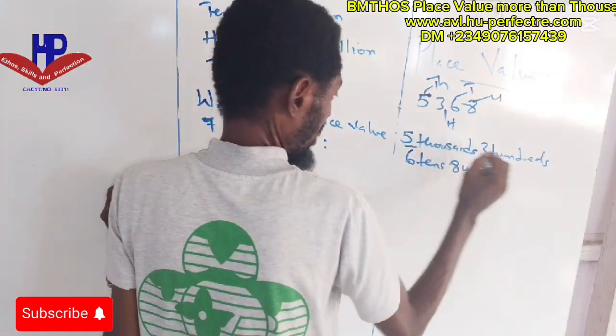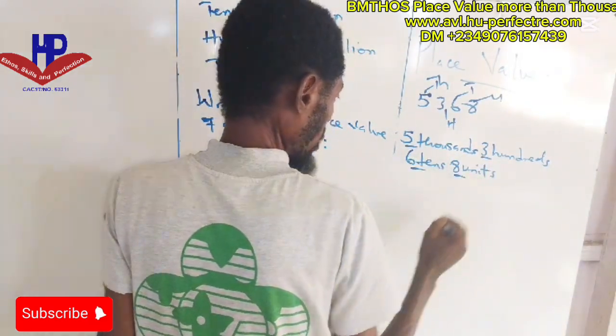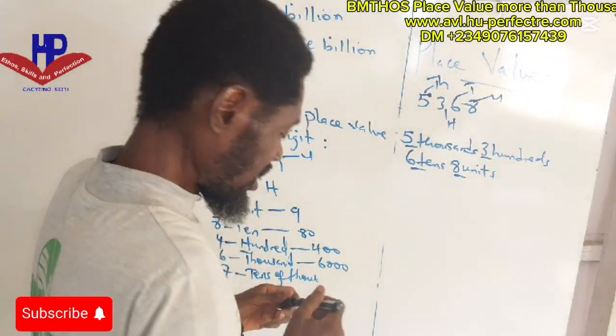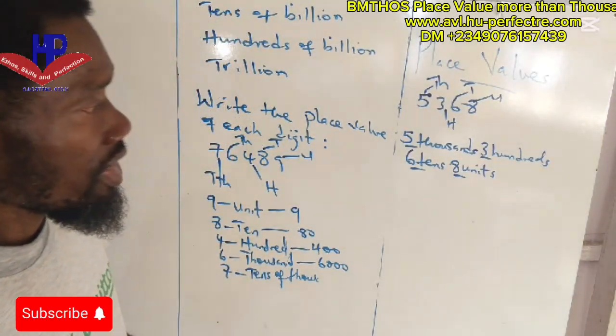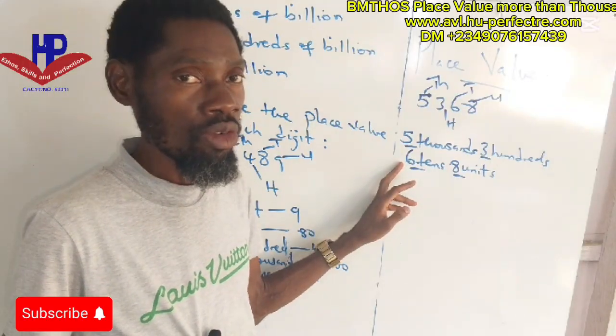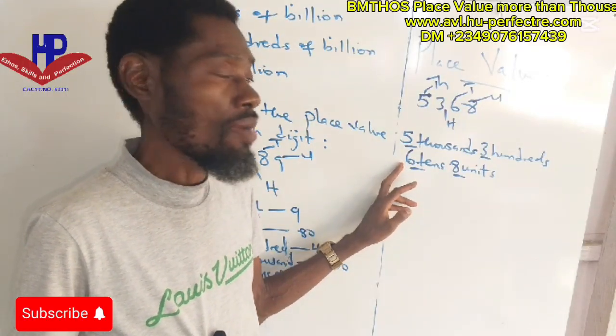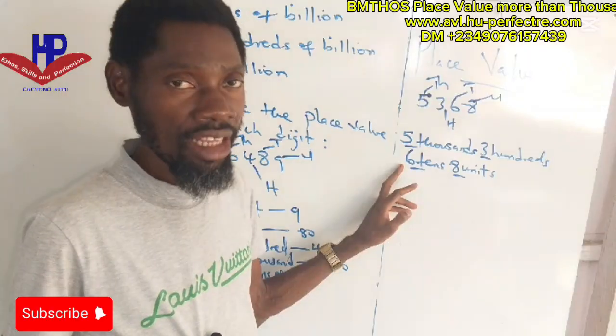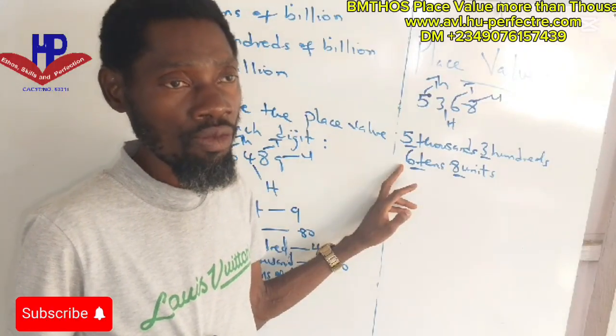These are the right numbers in words in their place value form.